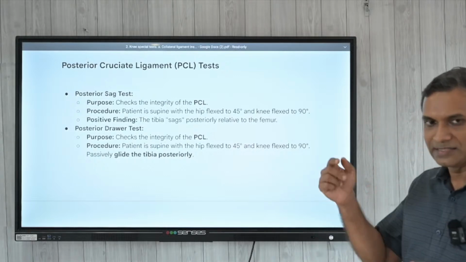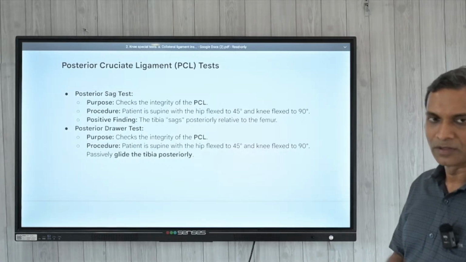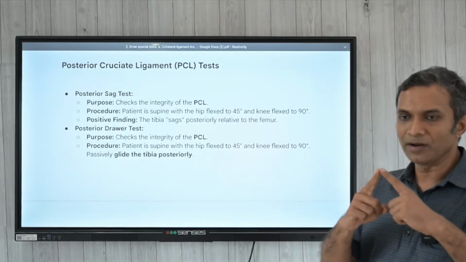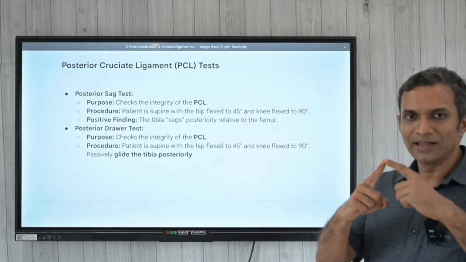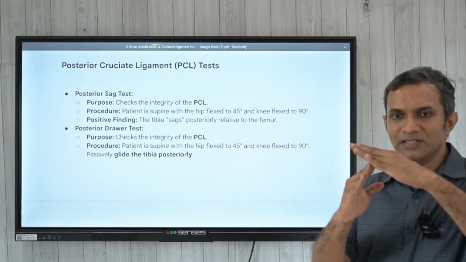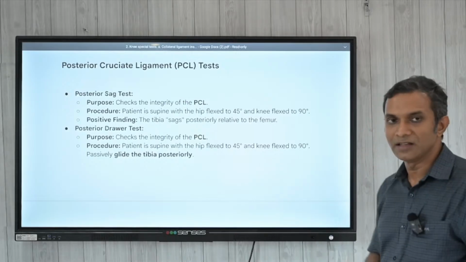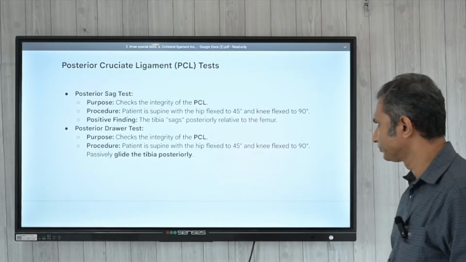Viewing laterally, we can see the tibia sagging posteriorly relative to the femur. Normally the tibia and femur in flexion make an angle, right? If the tibia is sagging backwards, it will create an impression at the tibial tubercle. That is the posterior sag test.